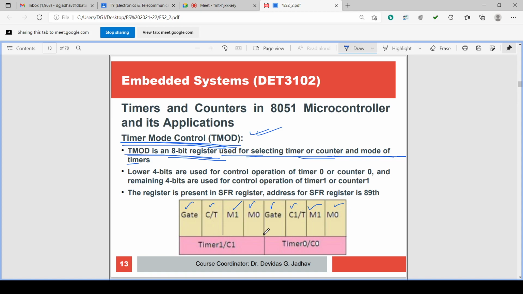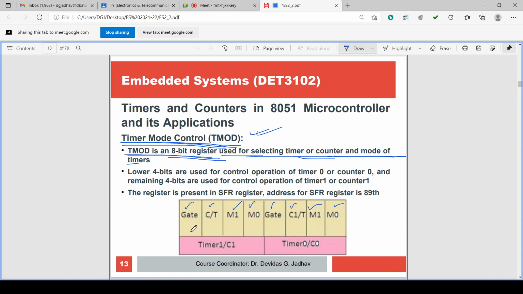This TMOD, timer mode control, is an 8-bit register, and out of that 4 bits are allocated for timer 1 and the other 4 for timer 0.